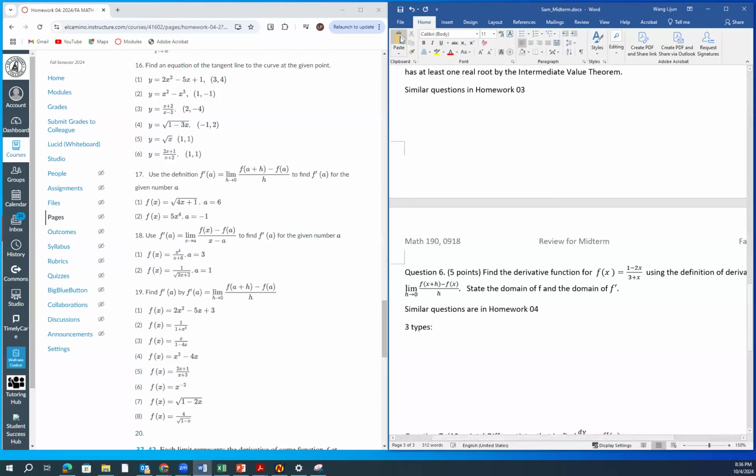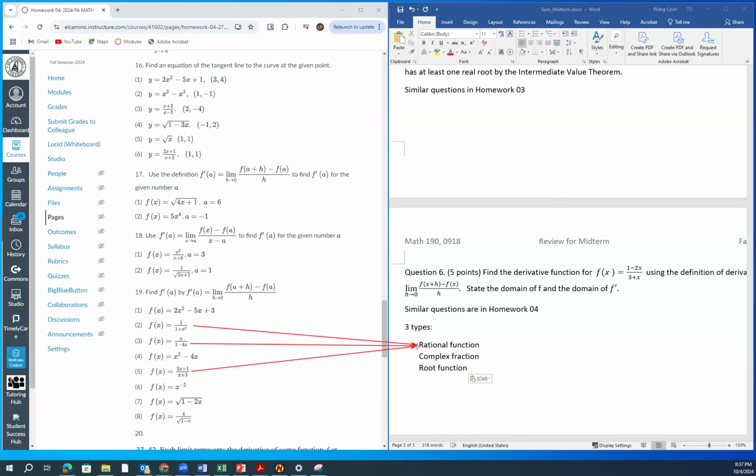The first type, rational function, right? So this is a rational function. If you're given a rational function, can you find the derivative? Rational function such as this, right? Apply the definition of derivative to rational functions.